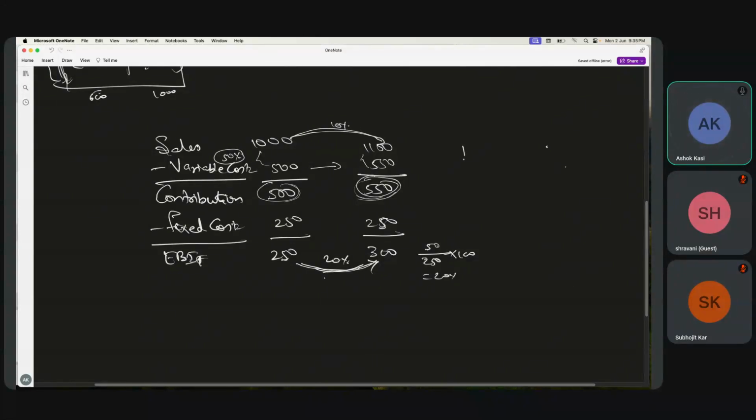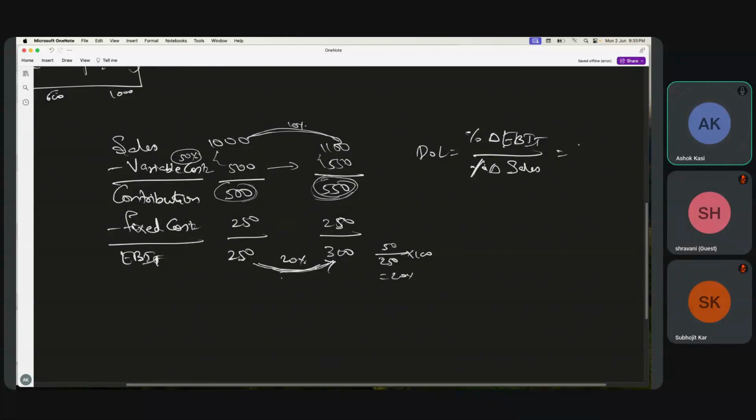So degree of operational leverage is equal to percentage change in EBIT divided by percentage change in what? In sales or revenue. So what is the percentage change in EBIT? 20 percentage, right? And for 10 percentage change in sales, that is equal to 2.